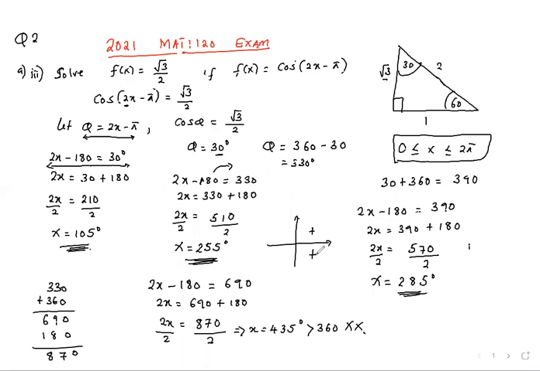So sir, I'm confused on this one. Say I'm finding for cos, and I know that cos is only positive in the first and fourth quadrant.